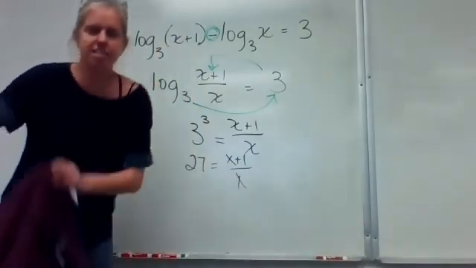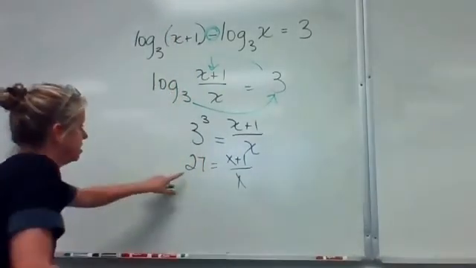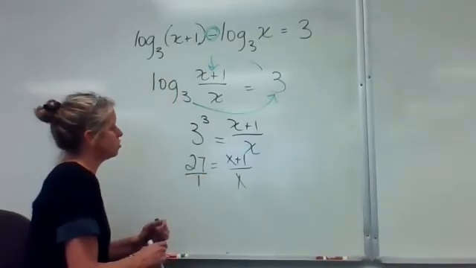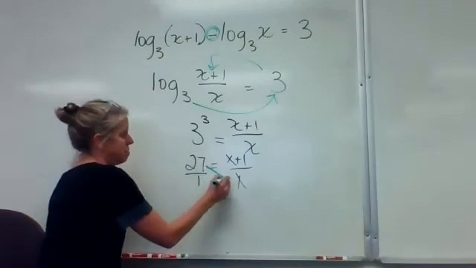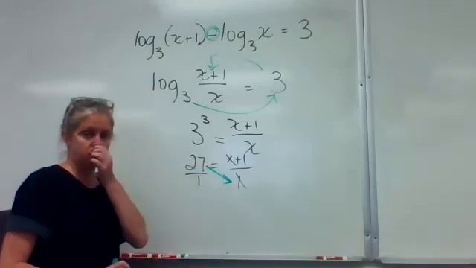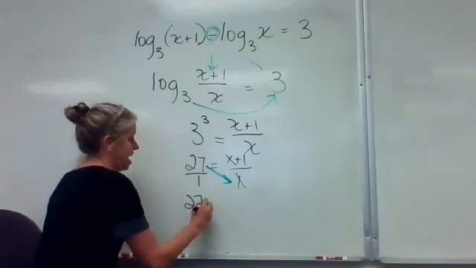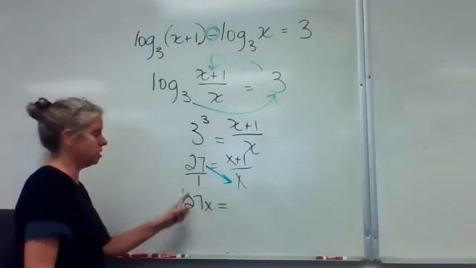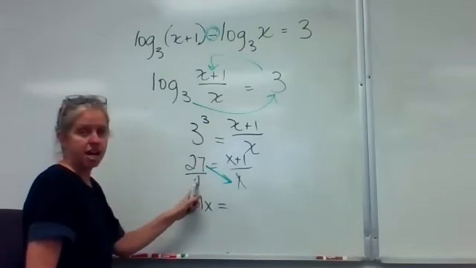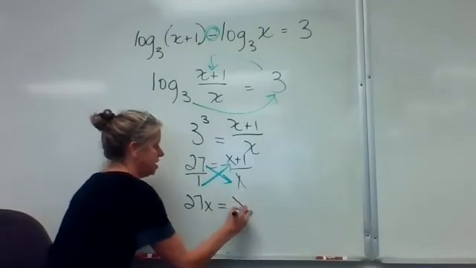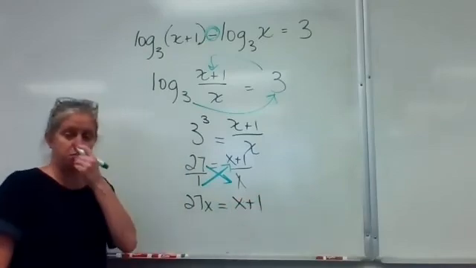I'm solving for x. It's all over the place. It is a proportion though, so let's use cross multiplying. Doesn't matter which way you go first. 27 times x is 27x equals 1 times (x plus 1). Well, 1 times anything doesn't change anything, so it's just x plus 1.